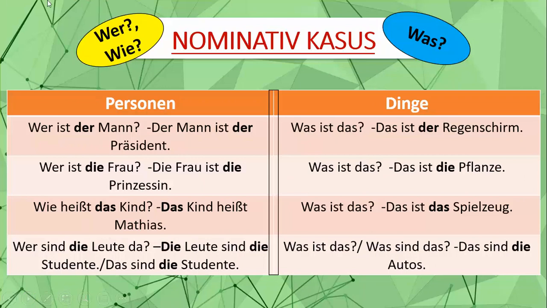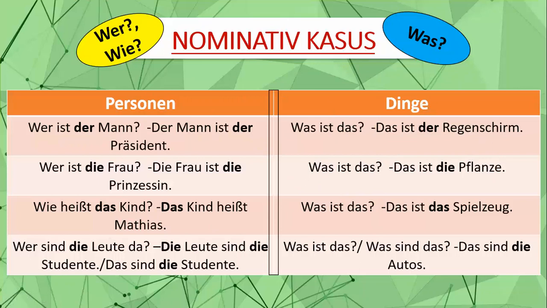So, if I'm placing importance on any one subject in a German sentence or question, I am using the nominative case. In these examples, you can see that the subject, whether it's persons or things, is just one subject when we are talking about the nominative case.